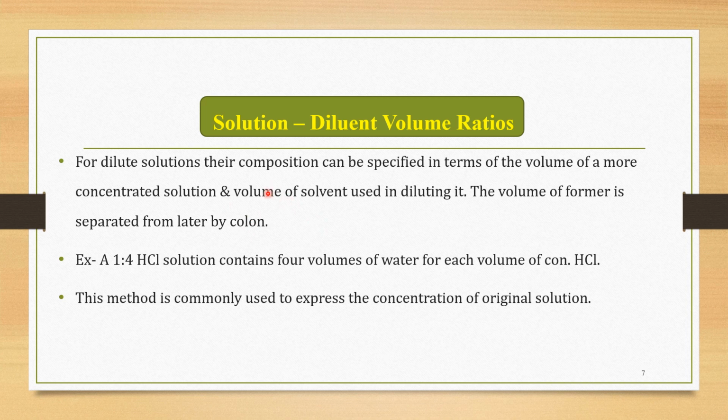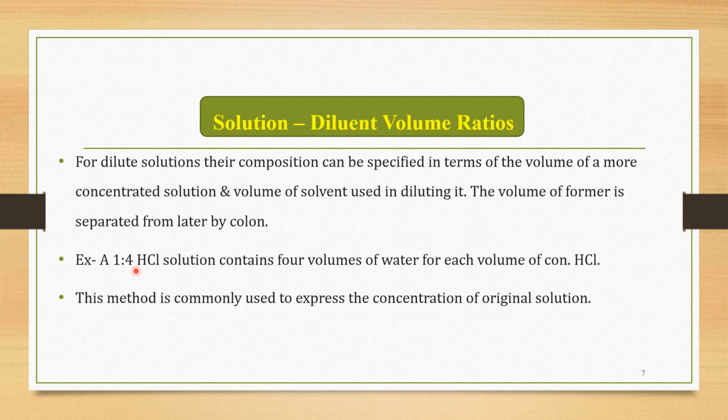To elaborate this concept, let us consider one simple example, a 1:4 HCl solution. Whenever we say a 1:4 HCl solution, it means that we take 1 ml of concentrated HCl, and to that 1 ml of concentrated HCl we add a solvent, commonly 4 parts of solvent.